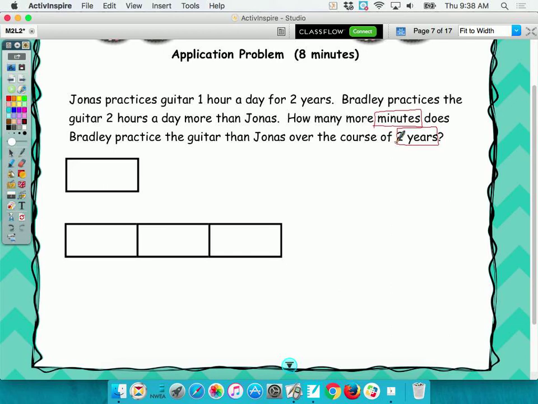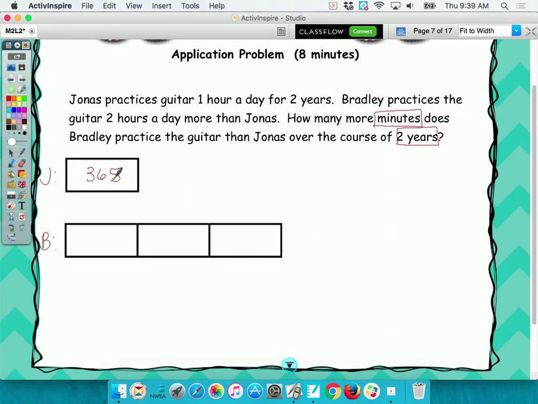Okay, so we got several things going on. Number one, we got to figure out who practices more. Bradley. So he's going to be down here on this tape diagram. Jonas is up at the top. He seems like a slacker only practicing 1 hour a day, but my goodness, how many hours would that be in 1 year? 365 hours.